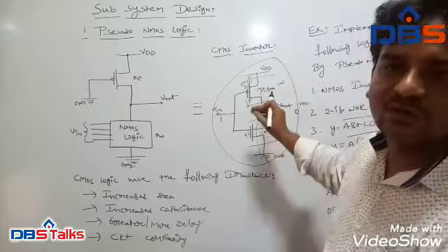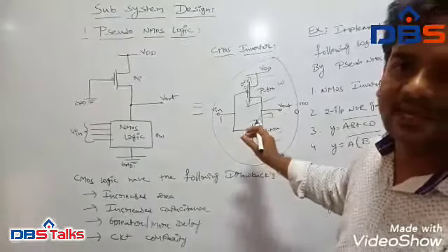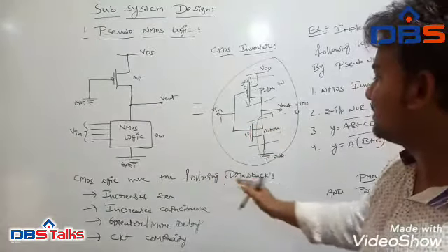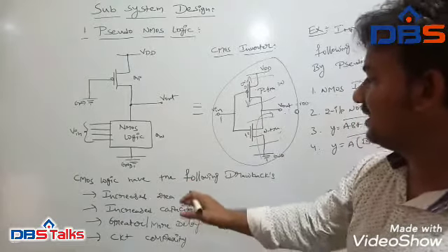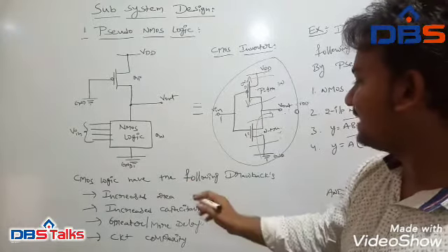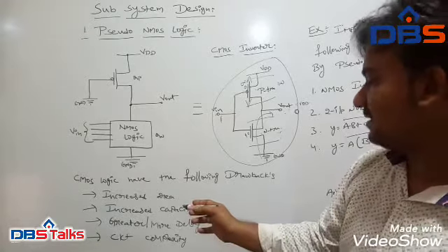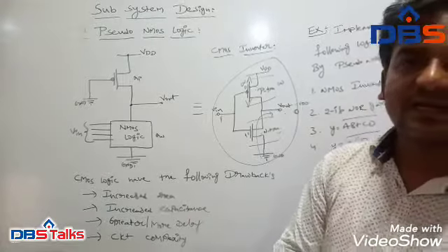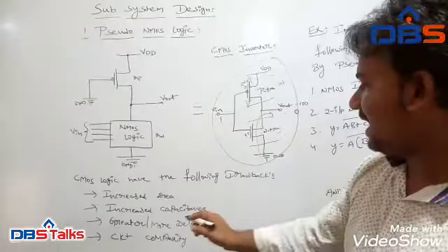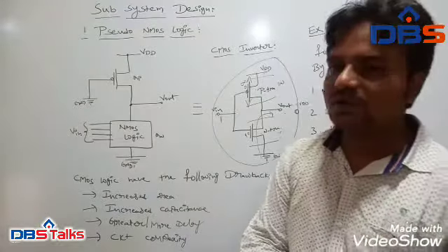Whenever we use both the P-type and N-type transistors, we have the following drawbacks: increased area, increased capacitance, greater delay, and circuit complexity.